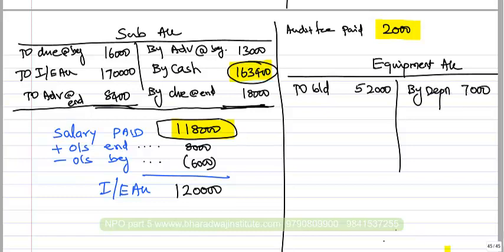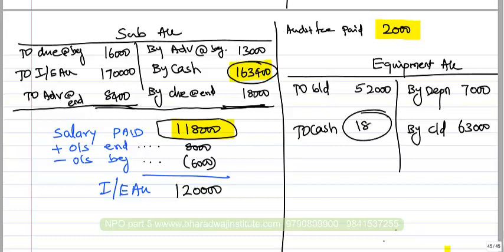What is the depreciation? 7,000. After that, the closing balance is given how much? 63,000. As a balancing figure, you will get purchase of equipment, 18,000. That will come on the payment side. Whatever is paid will come in the receipts and payments account.